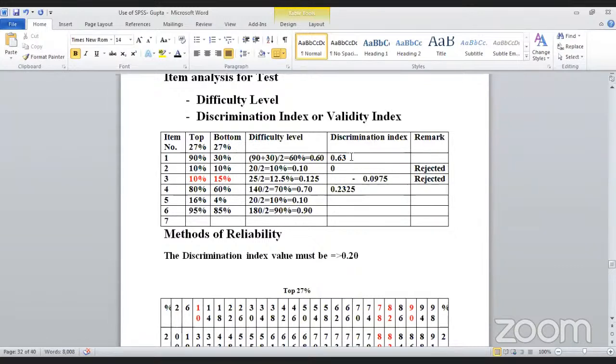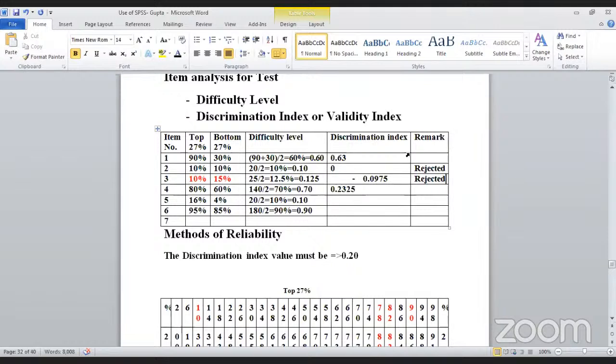Now, the first item here, the discrimination is 0.63, perfectly correct. Now difficulty level is 60. 60% means that 60% of the people are giving the correct answer. So that means it is above average.